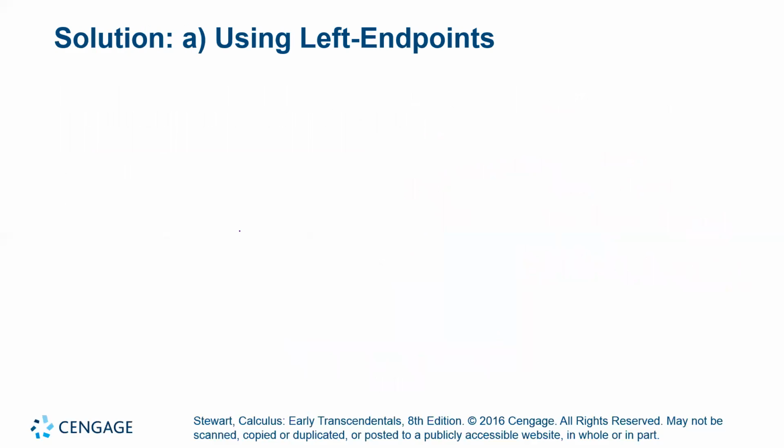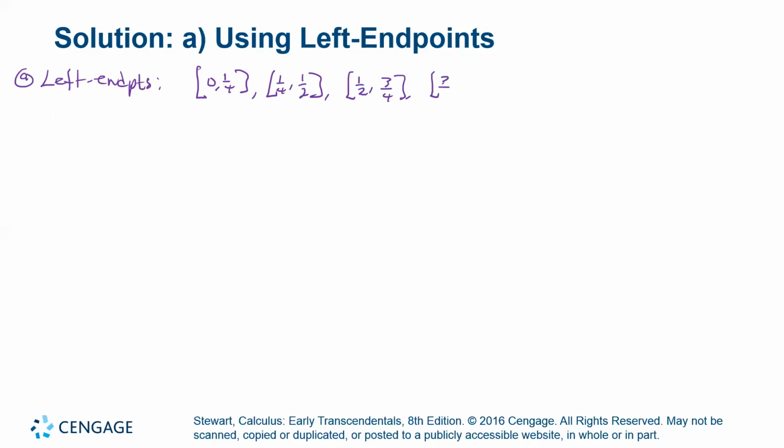So for part A, we are using the left endpoints. Don't forget we have these intervals: 0 to 1/4, 1/4 to 1/2, 1/2 to 3/4, and then 3/4 to 1.